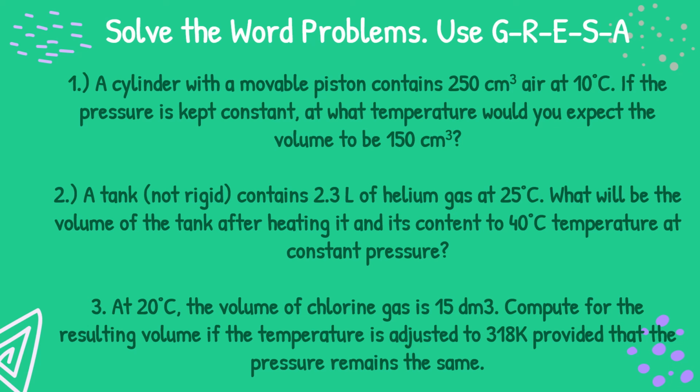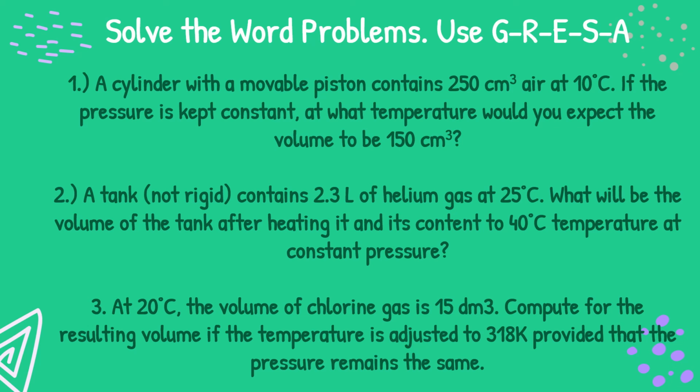A tank, not rigid, contains 2.3 liter of helium gas at 25 degrees Celsius. What will be the volume of the tank after heating it and its contents to 40 degrees Celsius at constant pressure? And number 3: at 20 degrees Celsius, the volume of chlorine gas is 15 cubic decimeter.